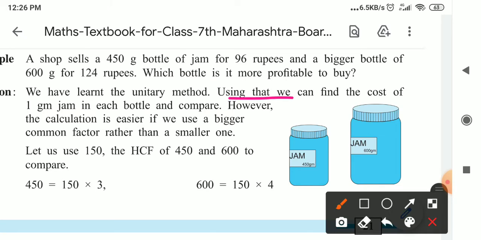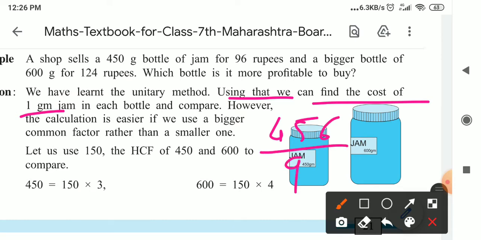Using that we can find the cost of 1 gram of jam. Okay, how can we find it? 450 divided by 96. If we divide it, we will get it here.